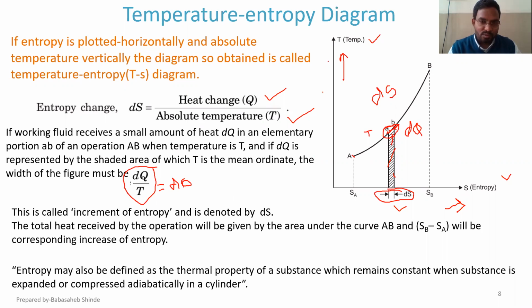So remember this one. In case of temperature entropy diagram, temperature is plotted on y-axis, entropy plotted on x-axis, and area under the curve represents the change in entropy, and the relationship for that one is dq by T, or change in heat to the temperature at which that change in heat takes place. That ratio gives us change in entropy.